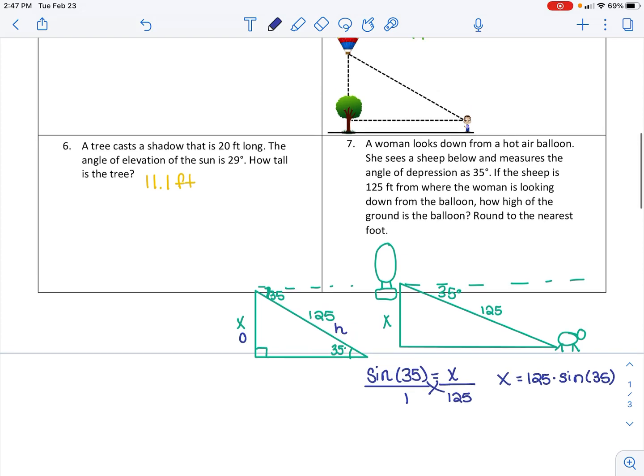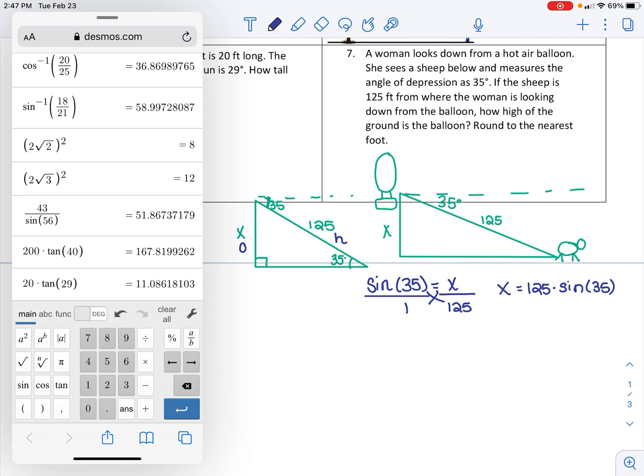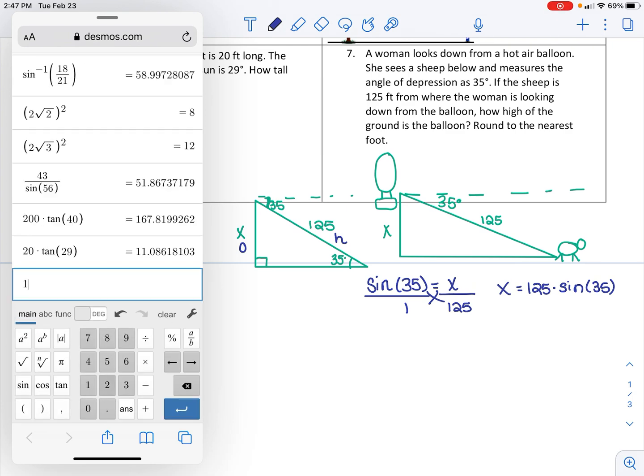Okay. Let's go ahead and pull up Desmos. So we can take 125 times the sine of 35, and that's going to give me 71.697.